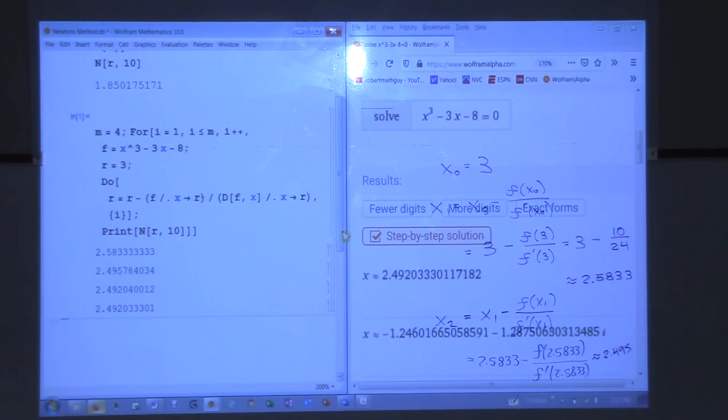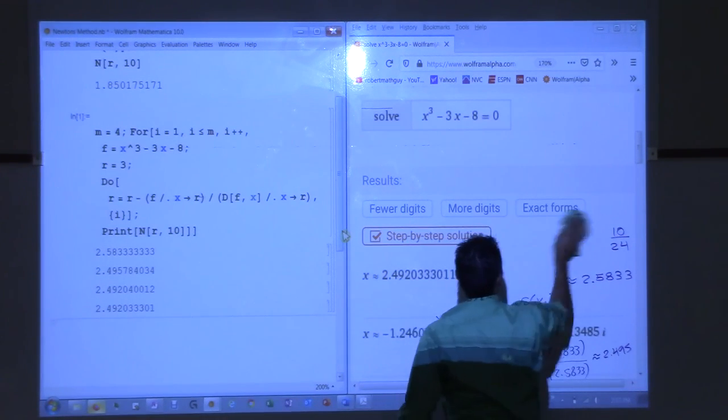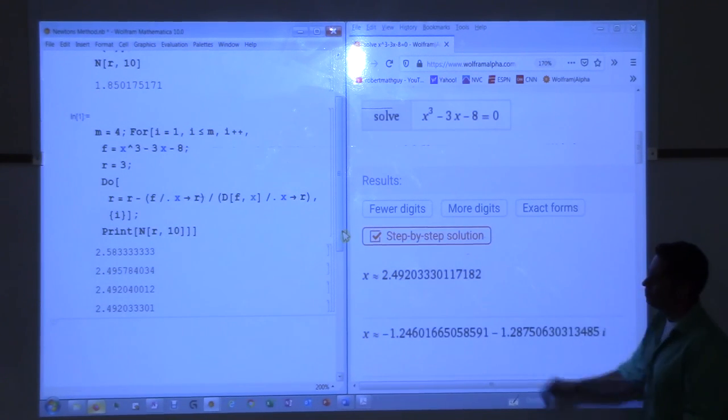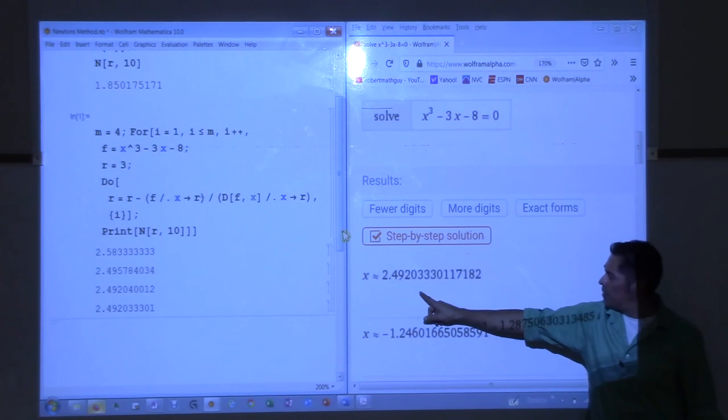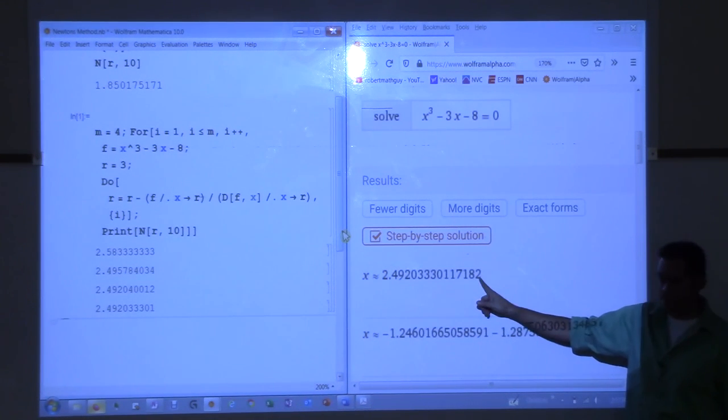Wolfram Alpha is saying that the solution is precise up to that decimal point.